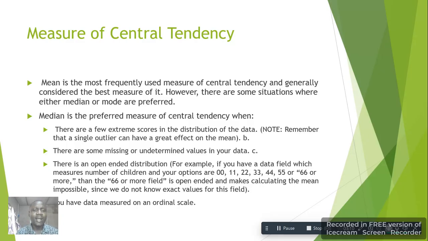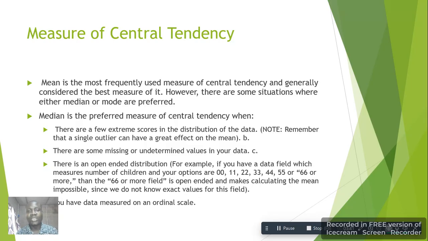In particular, let's assume that we have the weight of five objects, and we want to determine the mean. One of them is 1 kilogram, the second is 2 kilogram, the third is 3 kilogram, the fourth is 4 kilogram, the fifth is 5 kilogram.